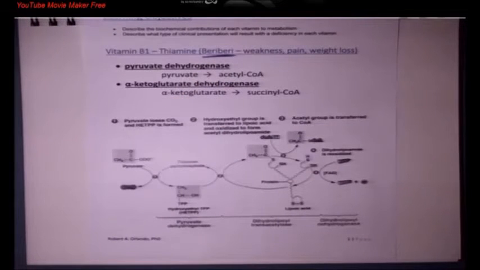What I want you to know is, where does this vitamin affect? What enzyme does it affect, and what are the consequences of that? So here, this is a perfect one, B1. A person presents with muscle weakness, fatigue, tiredness. I mean, it sounds like a medical student, right? And you guys, I'm sure, are filled with vitamin B1.